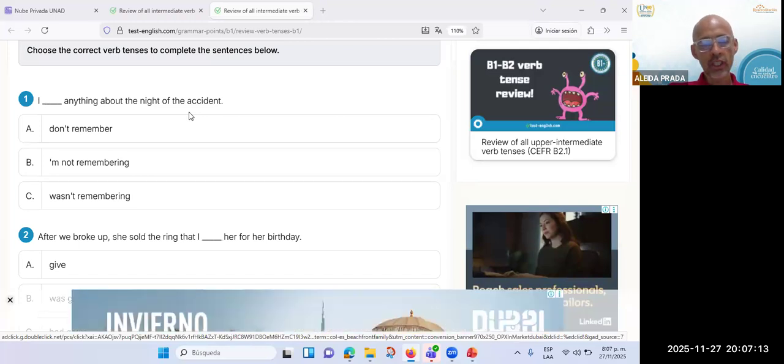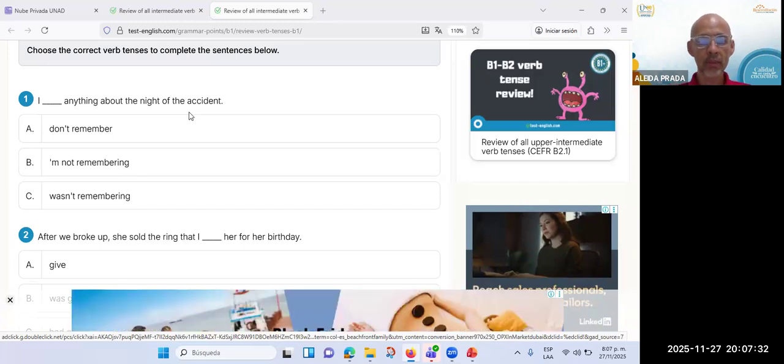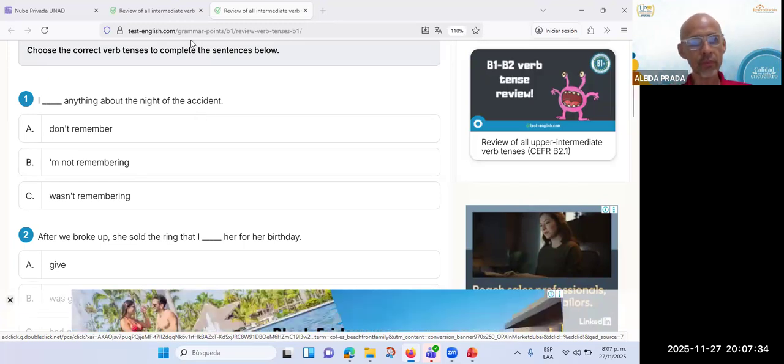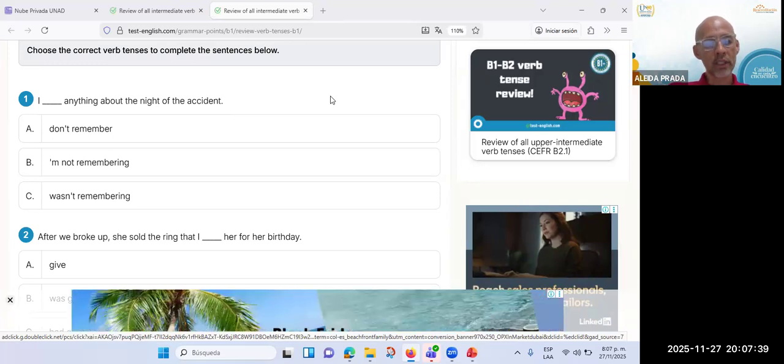And option C, wasn't remembering. In this case, wasn't remembering is not the simple past, it is past progressive or past continuous. So we have to look at the sentence and try to complete it using the correct tense: present simple, present progressive, or past progressive.